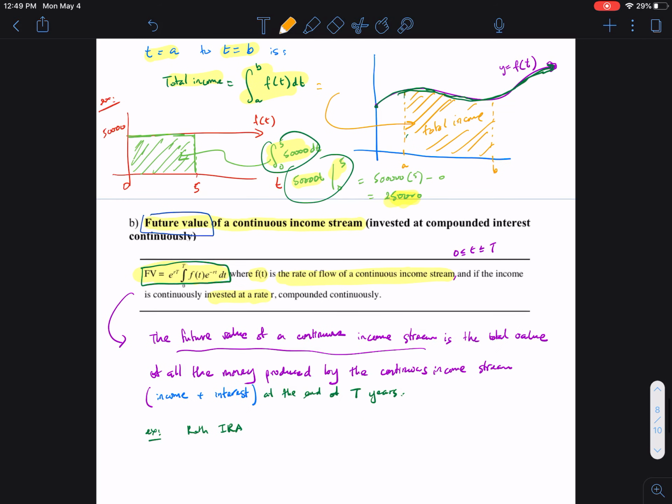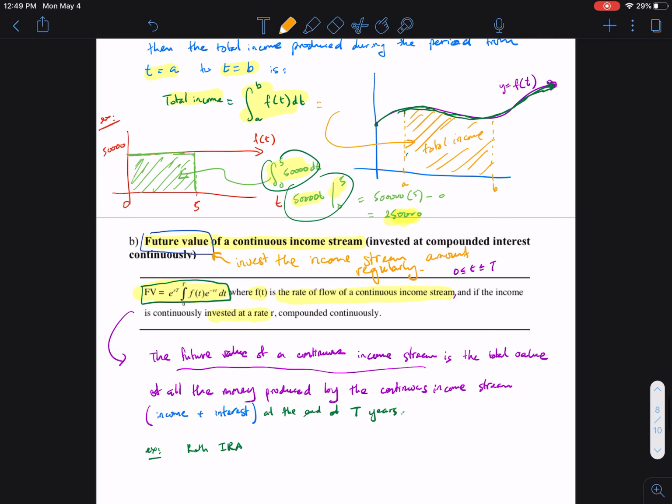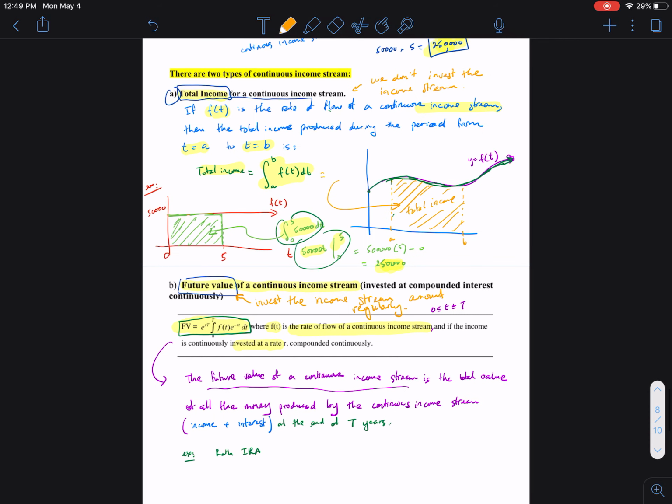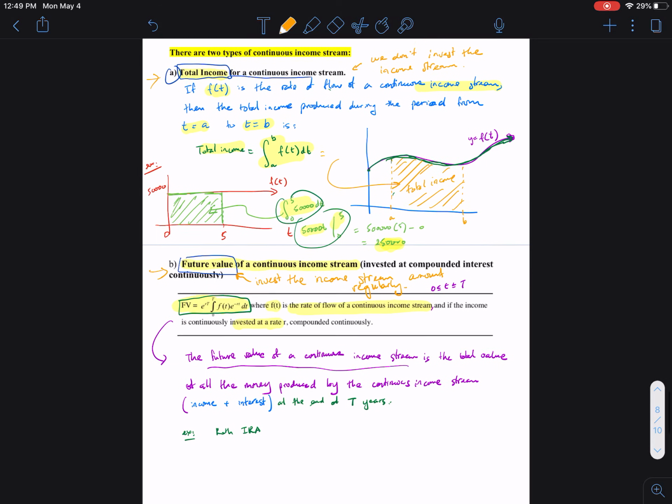Whereas with the future value, we actually invest the income stream amount regularly. All right, so in the next videos, I'm going to go over maybe just one example of each. Part B is a little bit harder than A. A is pretty straightforward, B is a little bit harder.